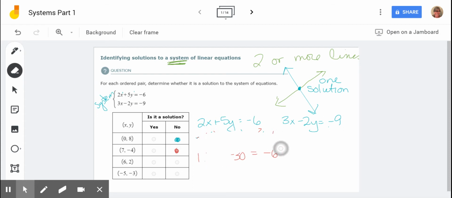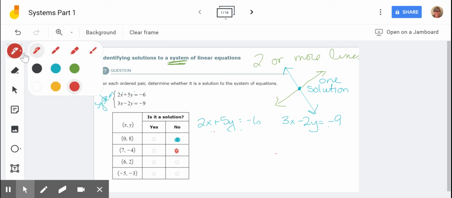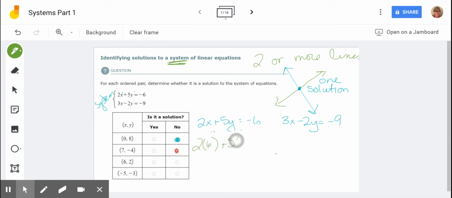Okay, so grab the next one and you're just going to plug it in. By the time I erase, you guys should probably have it plugged in by now. If you don't, you've got to work a little faster. Okay, so here we go. 2 times 6 plus 5 times 2, is that equal to -6? 2 times 6 is 12, plus 10 is not -6.